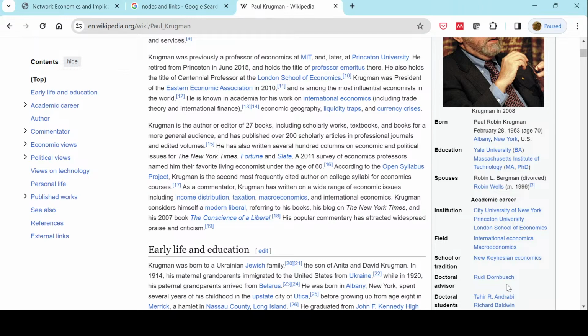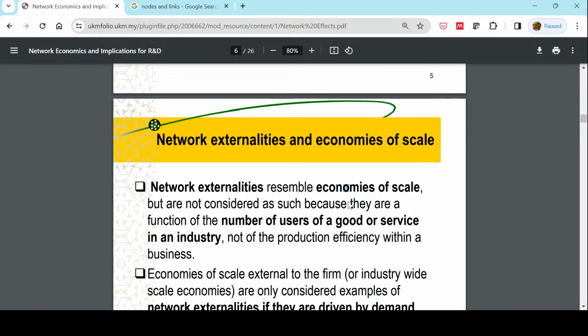Okay, let's go back to the note. I just want to mention one professor from the so-called mainstream, but really he's kind of new Keynesian, on the edge of the mainstream.